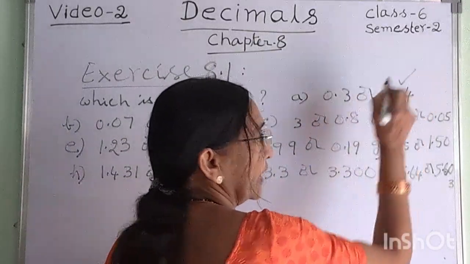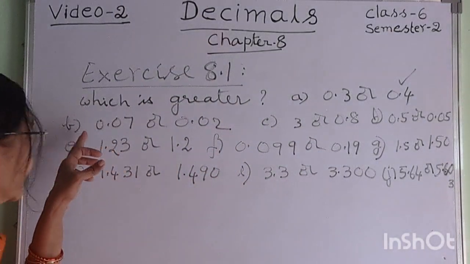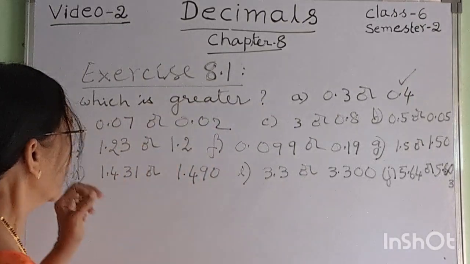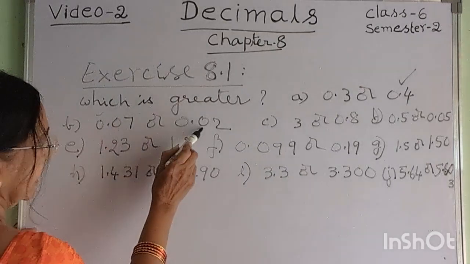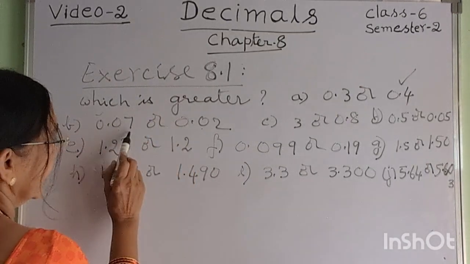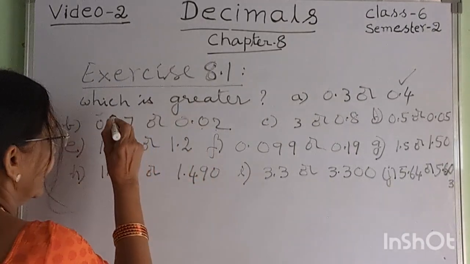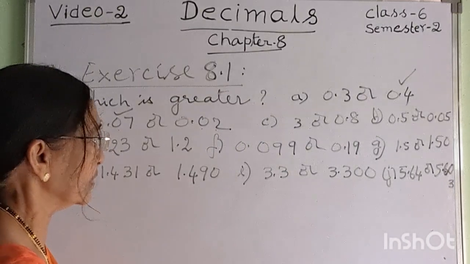Therefore 0.4 is greater than 0.3. Next, B, 0.07 or 0.02. In the ones place 0, in the tenths place 0 in both numbers. In the hundredths place, here it is 7 and here it is 2. Therefore 0.07 is greater than 0.02.